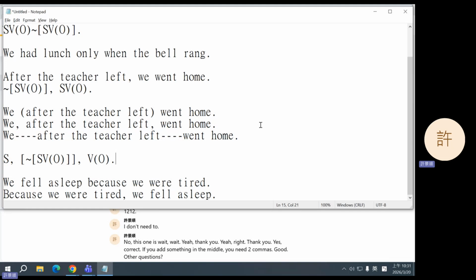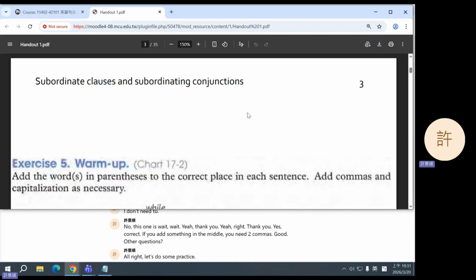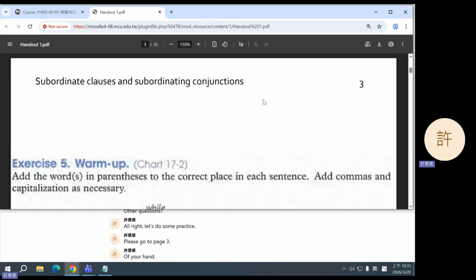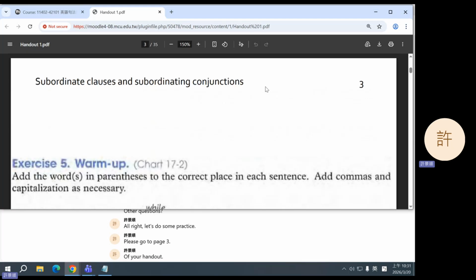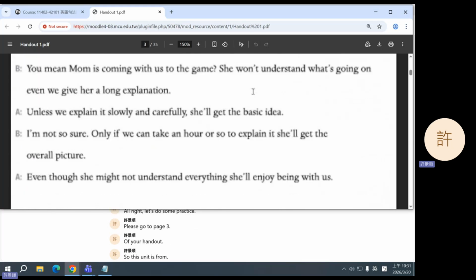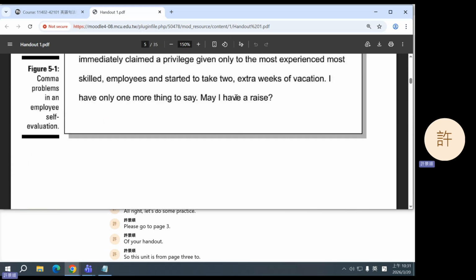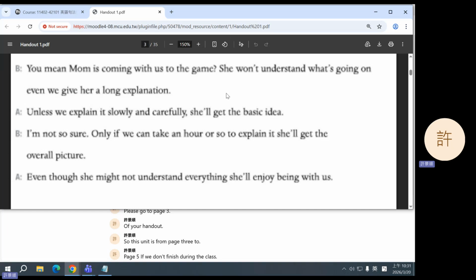All right, let's do some practice. Please go to page 3 of your handout. So this unit is from page 3 to page 5. If we don't finish during the class, the rest is homework.